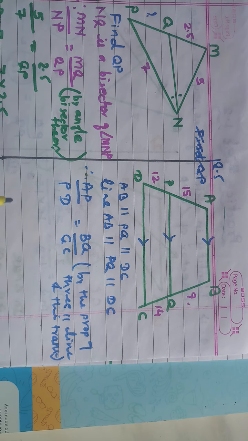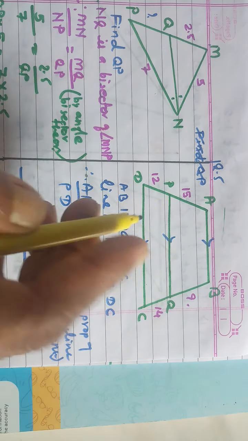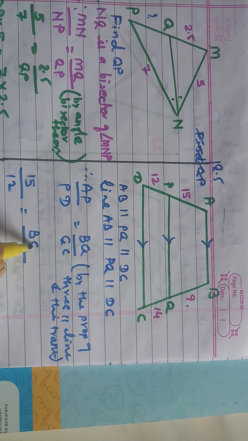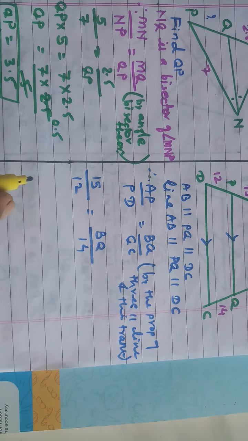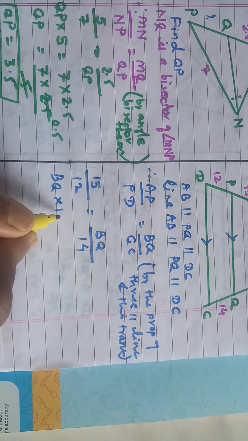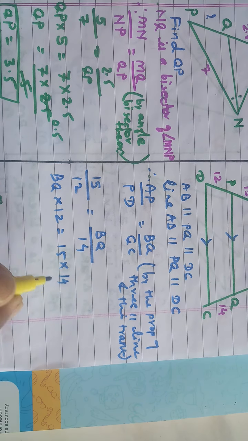Now substitute the values of all. AP is 15, this is 12, this is what we have to find, and QC is 14. Now BQ into 12 is equal to 15 into 14.